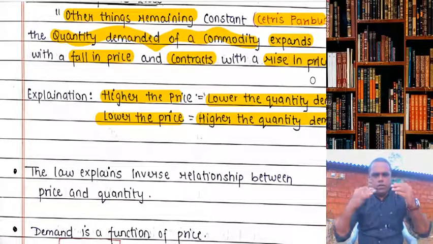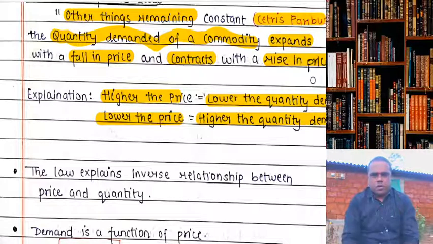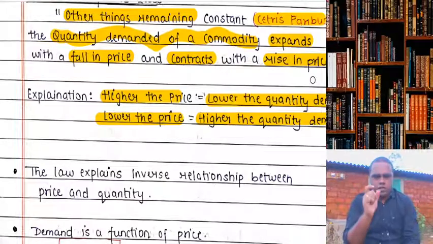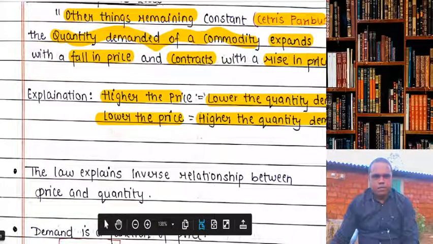Now अभी ये जो higher lower की बात चल रही है यहाँ पे, here children we generally understand that there is some kind of opposite relationship between these two different variables. Children, whenever we come across economic variables, they are two different things which actually affect each other. One is the price of a particular commodity. The second, children, is the quantity demanded, or demand we can say.